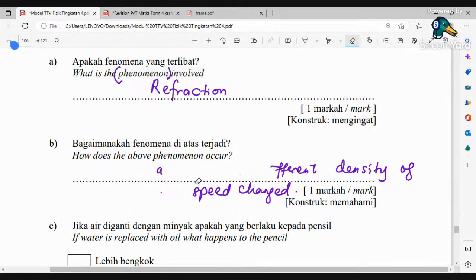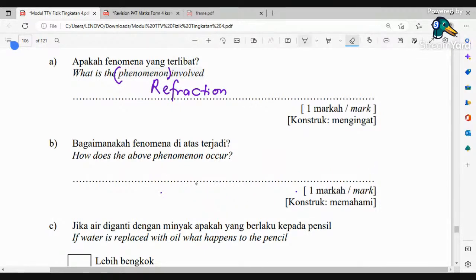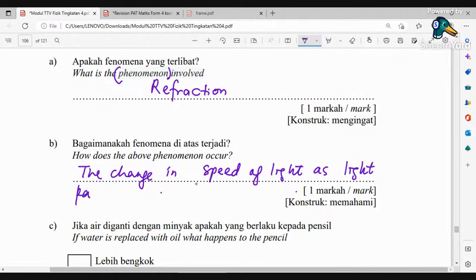Lebih cantik sikit jawapan. Okay. The change in speed as light passes through different density of medium.